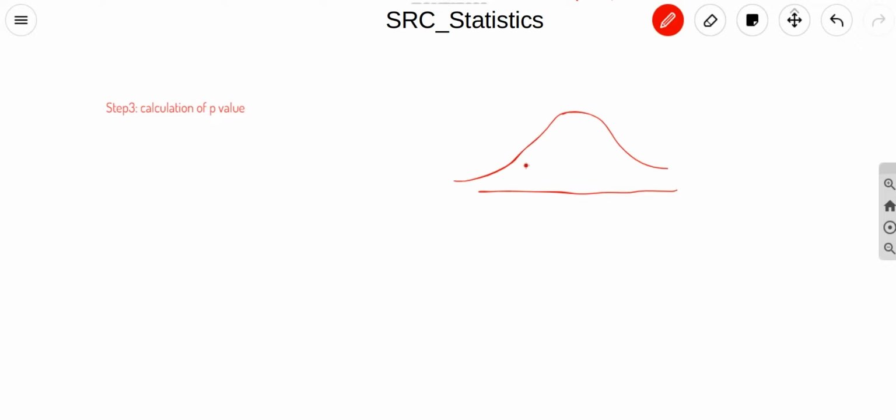Our test statistic value was Z equal to negative 0.50, so the p-value will be Z less than negative 0.50 and Z greater than positive 0.50.